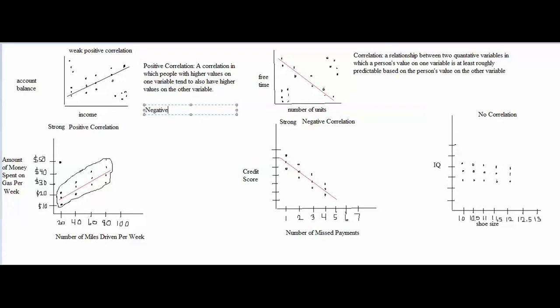A negative correlation is a correlation in which people with higher values on one variable tend to have lower values on the other variable.